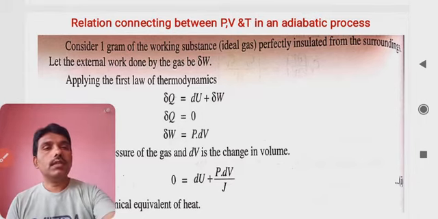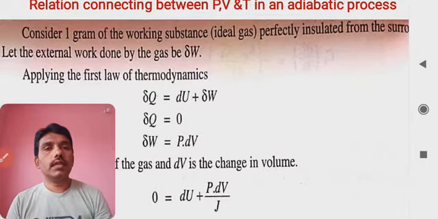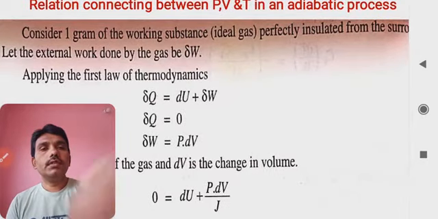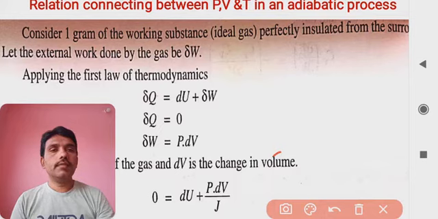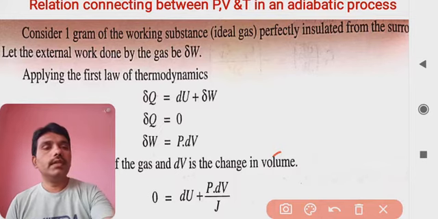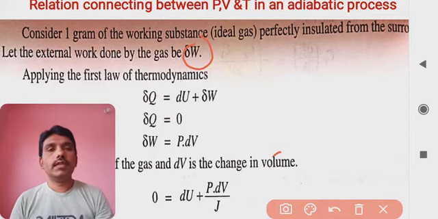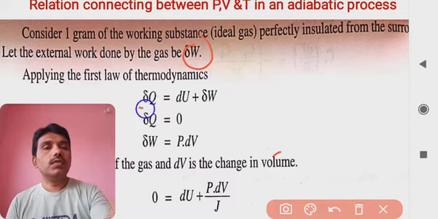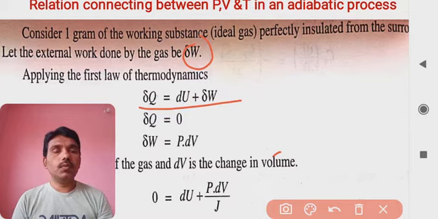That's what the insulating material does in that case. So let the external work done by the gas be del W, or according to the first law, del Q is equal to dU plus del W.